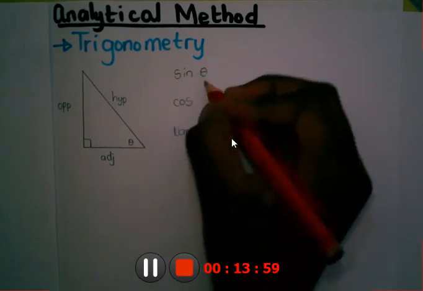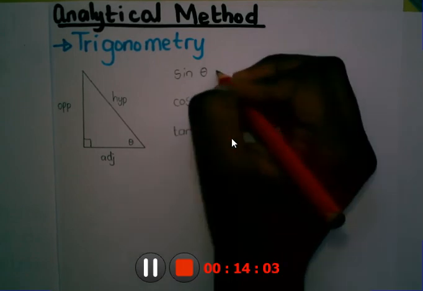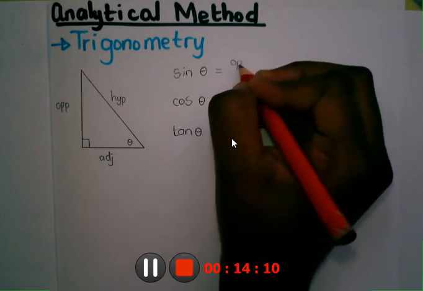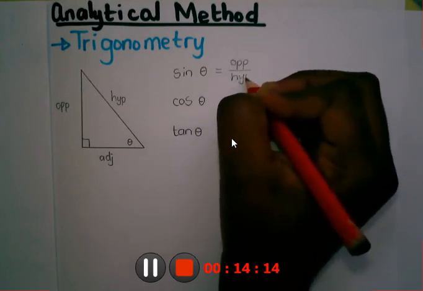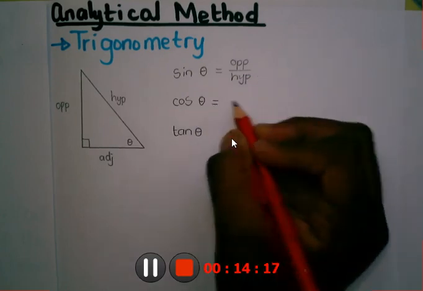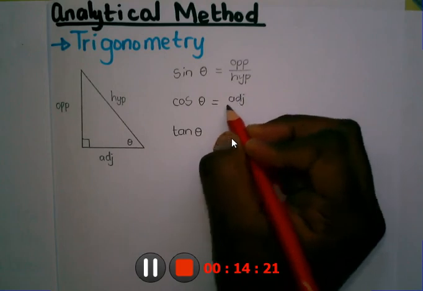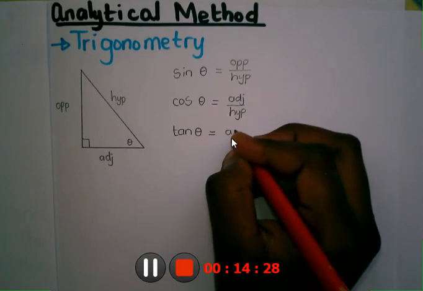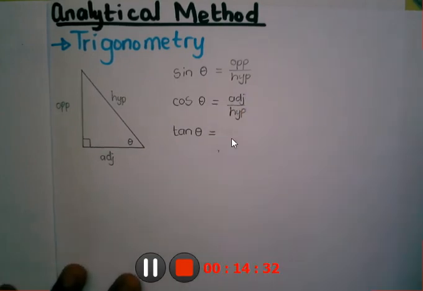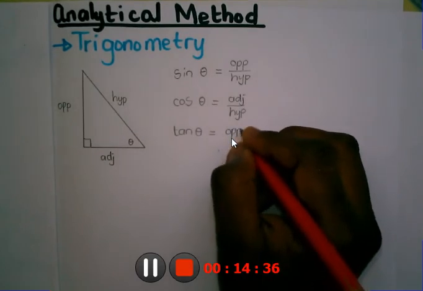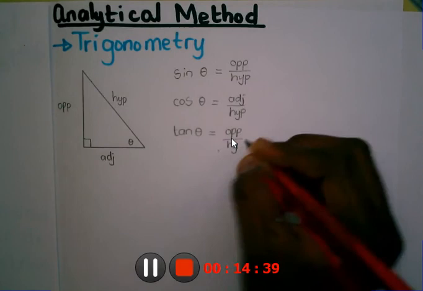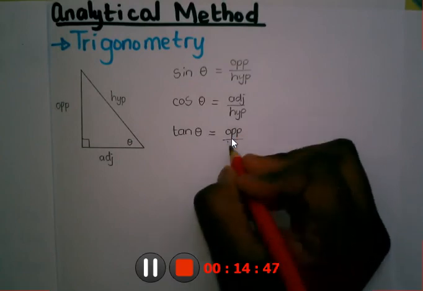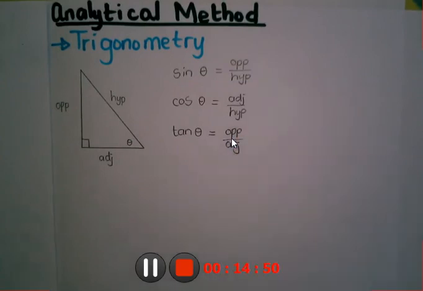Now if we relate this to the angle that is given to us, theta, then sin theta would be opposite over hypotenuse, and then cos theta will be adjacent over the hypotenuse, and then tan theta is opposite over adjacent.